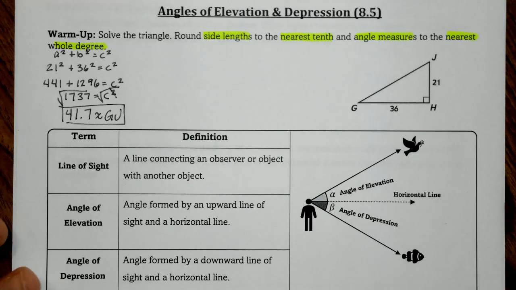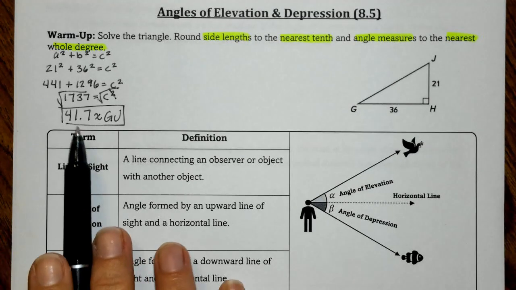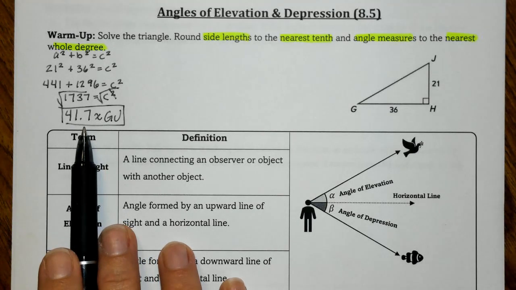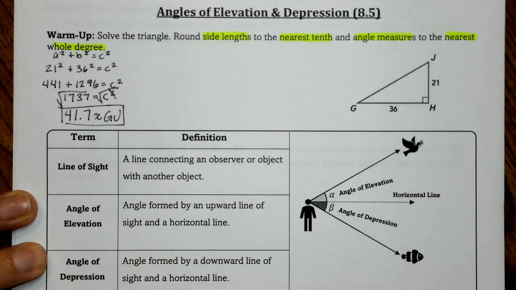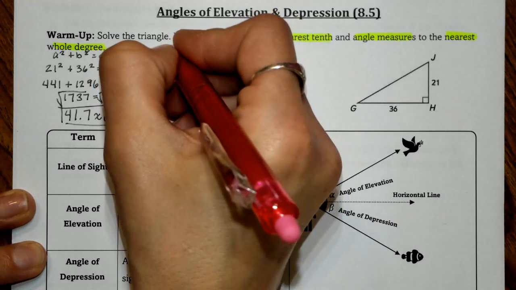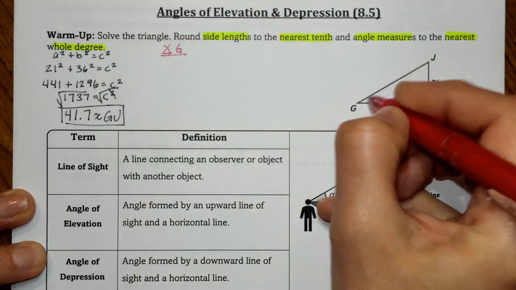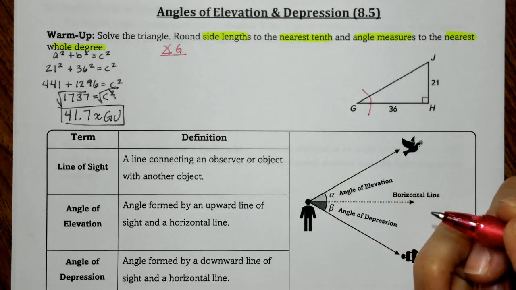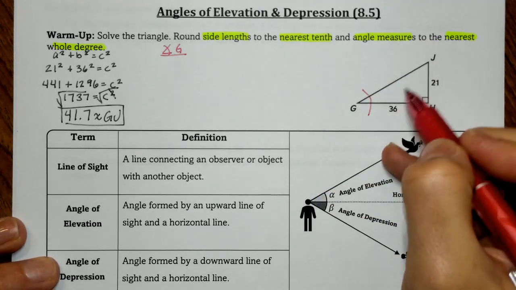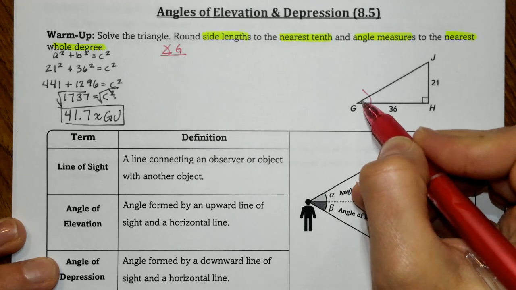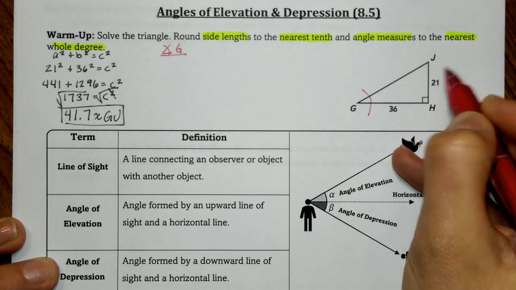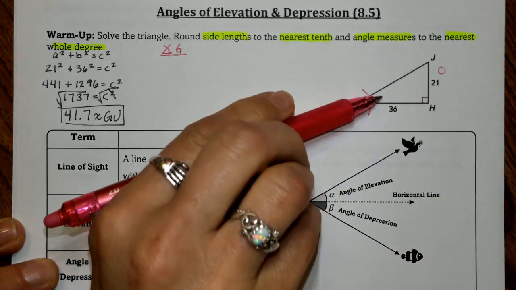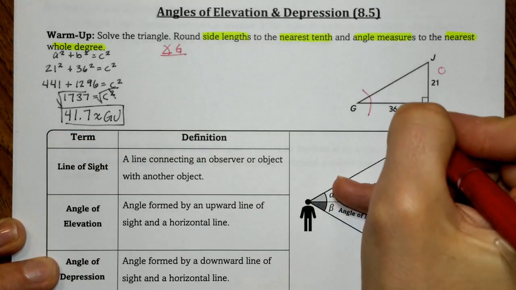Now, when we want to find these angles, we can find angle G and angle J not even using this 41.7. We're going to do this by using our reference angles. So let's take a look at finding angle G. From angle G, the reference angle or angle of perspective, we're going to be using the opposite side and adjacent.